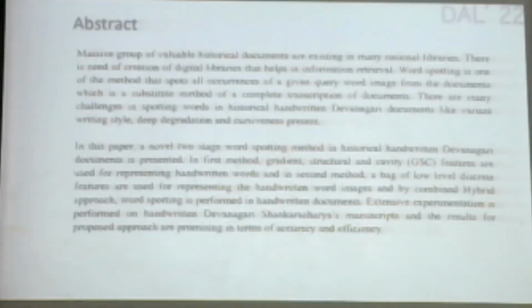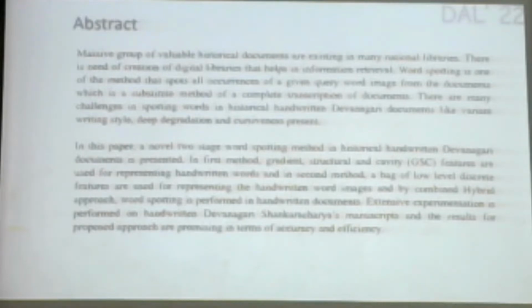Word spotting is one of the methods that spots all occurrences of a given query word image in documents. It is a substitute, an alternative method to complete transcription. Also, there exist many challenges in spotting words in historical handwritten documents due to the variableness in writing.